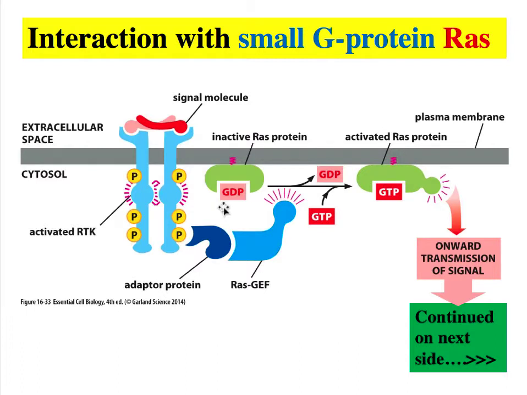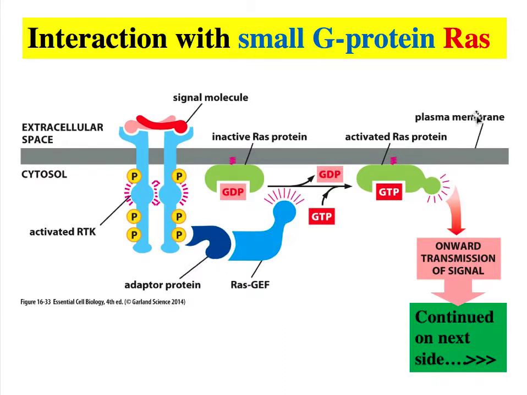So let's start at the beginning. The first part is obvious from the slide we just looked at. The presence of the signal causes dimerization that permits the kinase activity to apply phosphates onto their partner molecules. Once the partner molecules have changed their shape because of the presence of the phosphates, they can bind other proteins, and those proteins are known as adapter proteins.